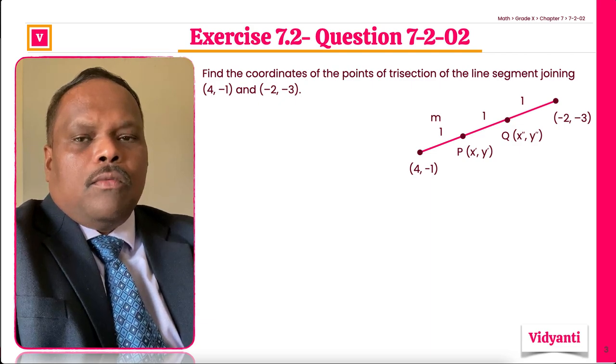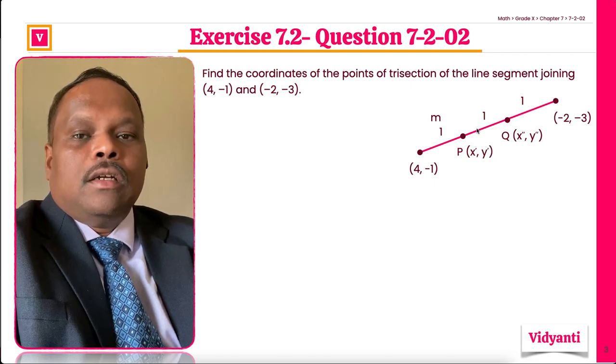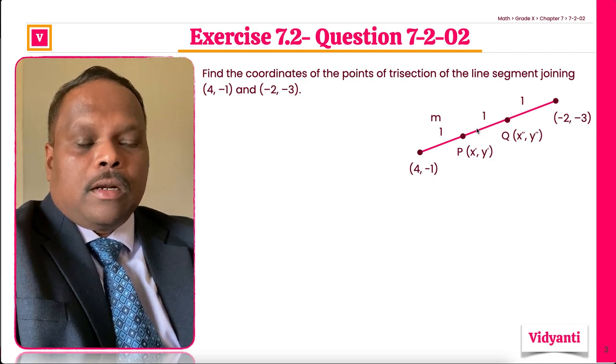Now, we normally use m and n when we calculate the coordinates of the point which is dividing the original endpoints internally.